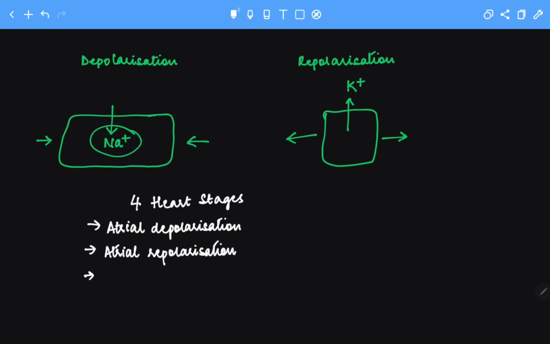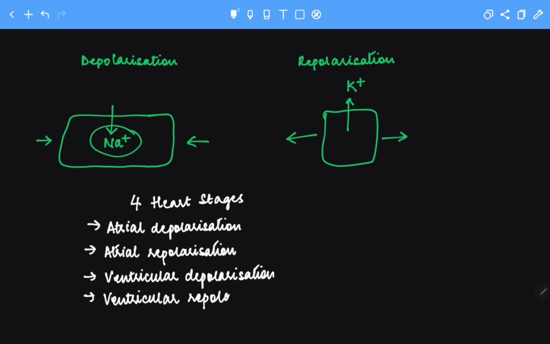Next, we have the ventricular depolarization, wherein the ventricle will start contracting. And finally, we have the ventricular repolarization, wherein the ventricle will start relaxing. So, these are the 4 stages of the heart associated with electrical activity.